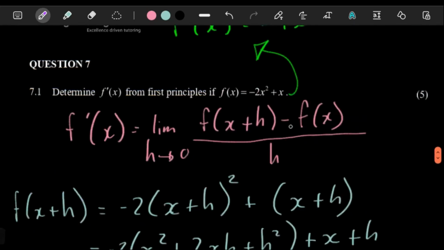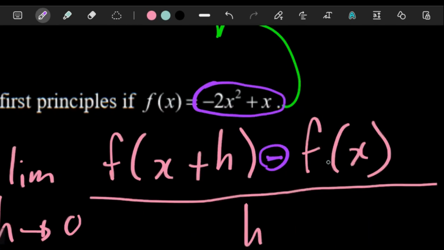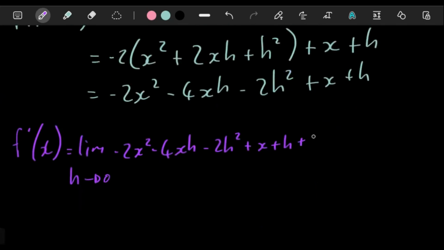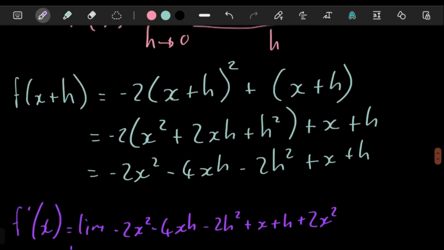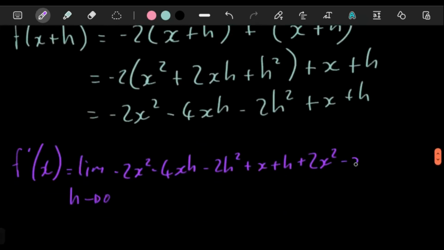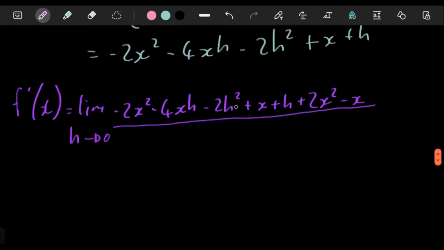And then you're going to minus this equation, which means this sign is going to change, this sign is going to change. So here you're going to have plus 2x squared, and then minus x over there. And then at the bottom, you just have your h.